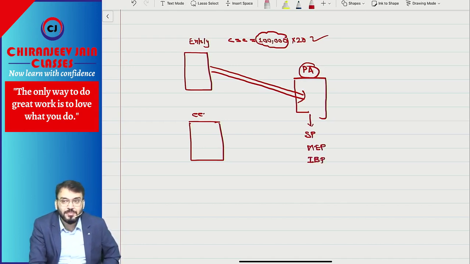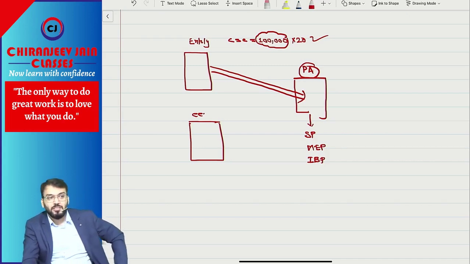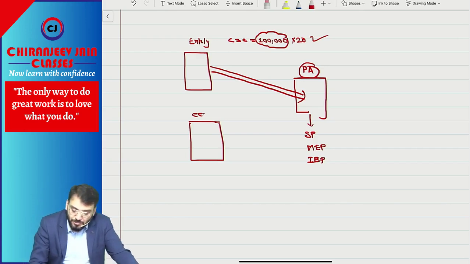SP means state plan, MEP means multiple employer plan. These are all MCQ questions. Write down everything. State plan, multiple employer plan, insurance benefit plan. Written.